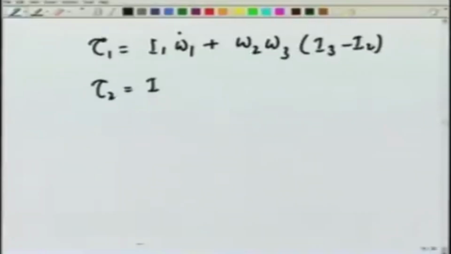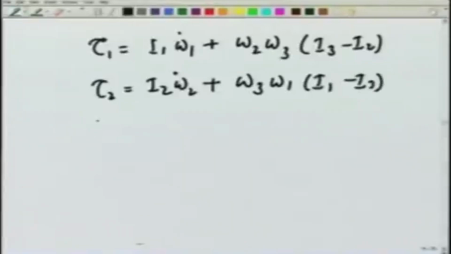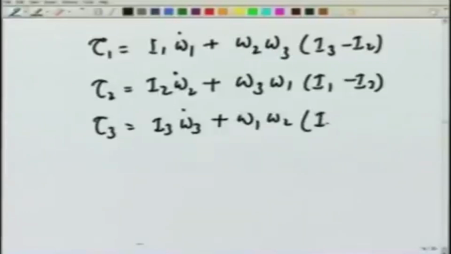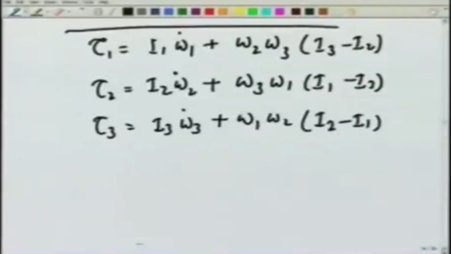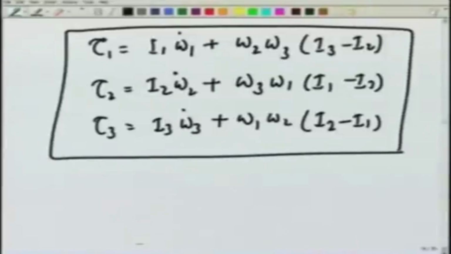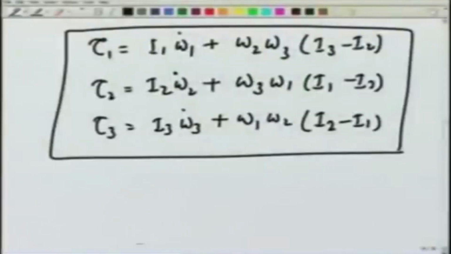Tau 2 equals I2 omega 2 dot plus omega 3 omega 1 I1 minus I3, and tau 3 equals I3 omega 3 dot plus omega 1 omega 2 I2 minus I1, where the directions 1, 2 and 3 refer to the principal axes of the rigid body, and omega 1, omega 2, omega 3 are the components of the angular velocity along those axes, and omega 1 dot, omega 2 dot, omega 3 dot are the components of change in omega along these axes.